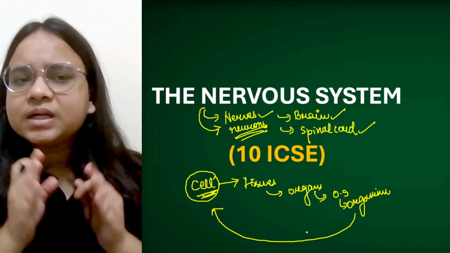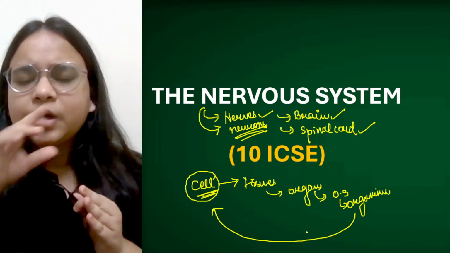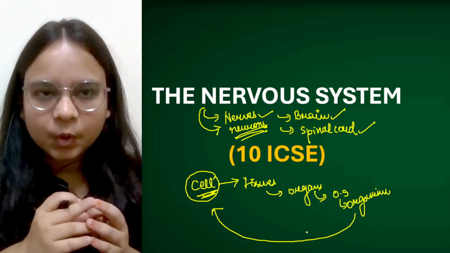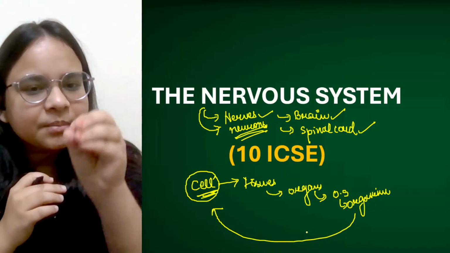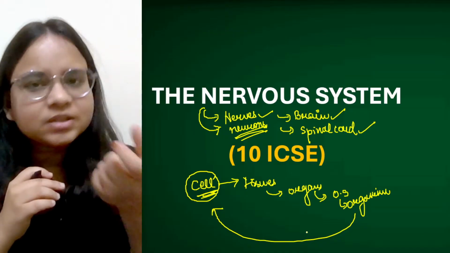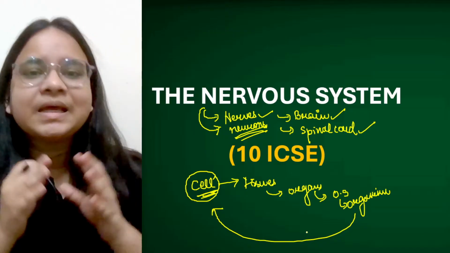We all know that nervous system comprises the nerves, brain, and the spinal cord. But all these things are made up of what? These are made up of neurons. So we all know that cells, when they aggregate, make up the tissue. From tissues, we can make organs, and from organs, organ systems are made. Finally, all the organ systems comprise an organism.